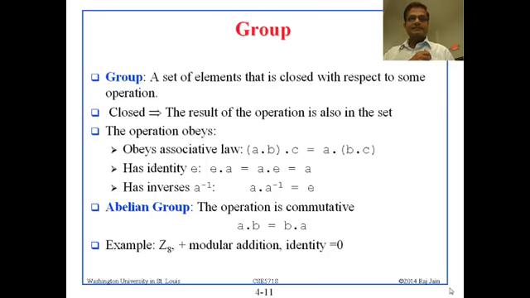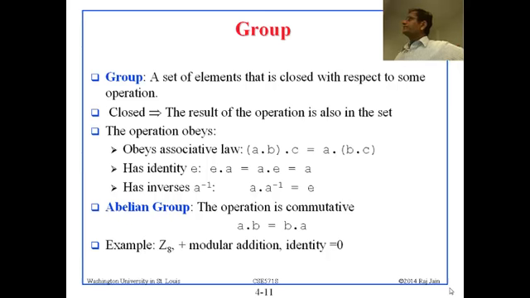All right. So now, a little bit more. Groups. A group is a set of elements that is closed with respect to some operation. What does closed mean? Closed means that the result is in this set. Okay?